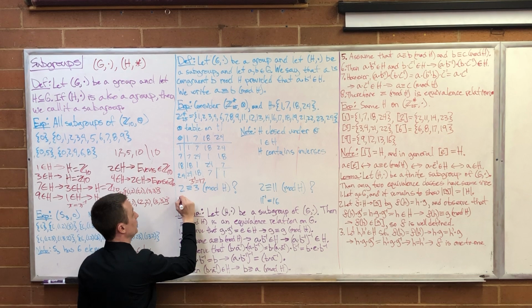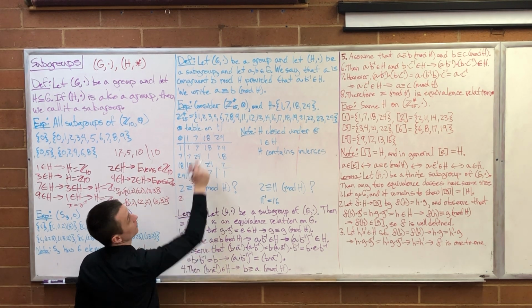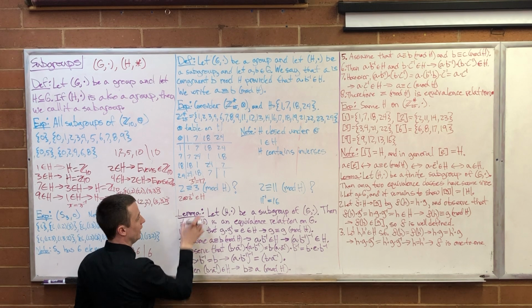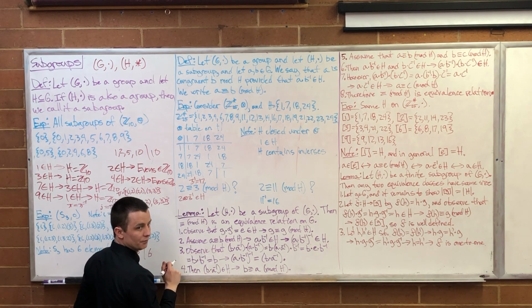So this is true if and only if 2 times 3 inverse is in H. We're not using dot, we have an actual group, so times. That's another way of asking the same question.